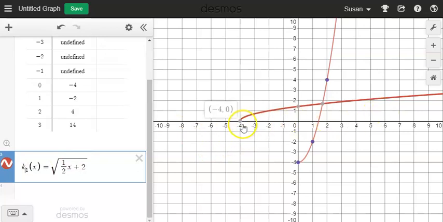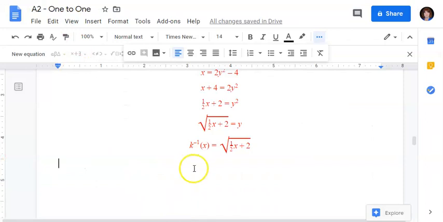And why is that? Well, at -4, if you plug a -4 into this function, you will get a 0 out. If you try to plug in a number below -4 into this function, you will get a negative number out, which will not give you a real number output. So it is automatically restricting this domain for us.